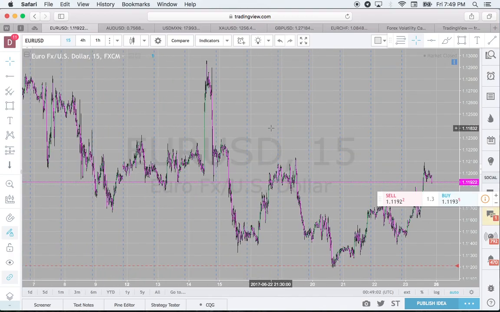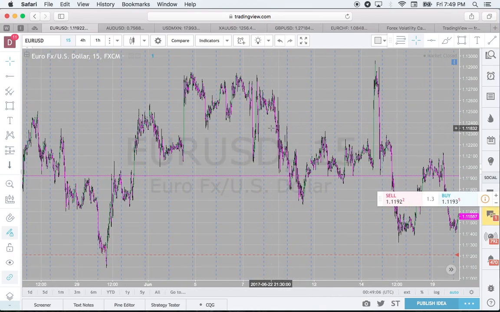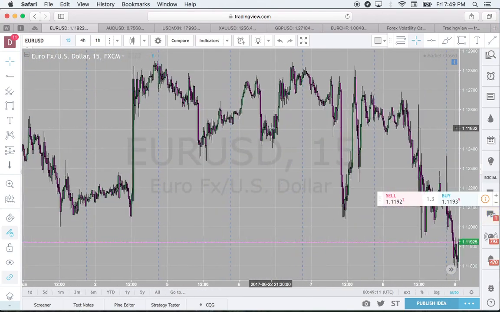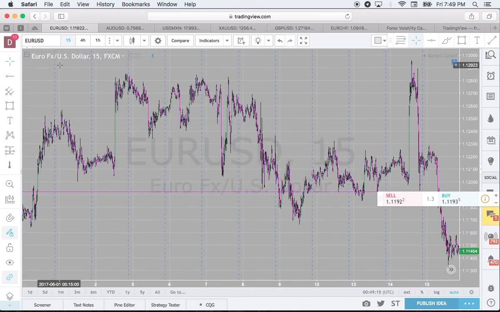The dealer, or I should say, retail traders, me and you, were taught to place our stop losses above the highs and the lows of the day or the week.